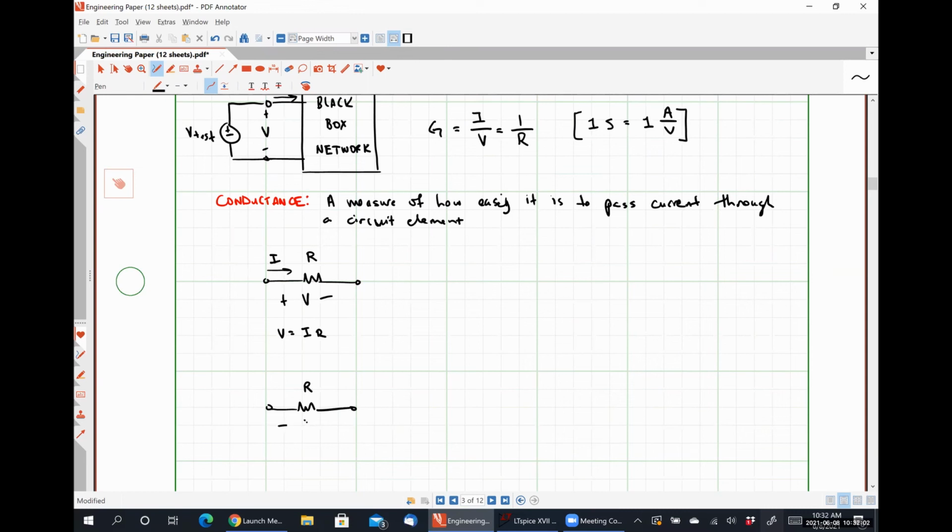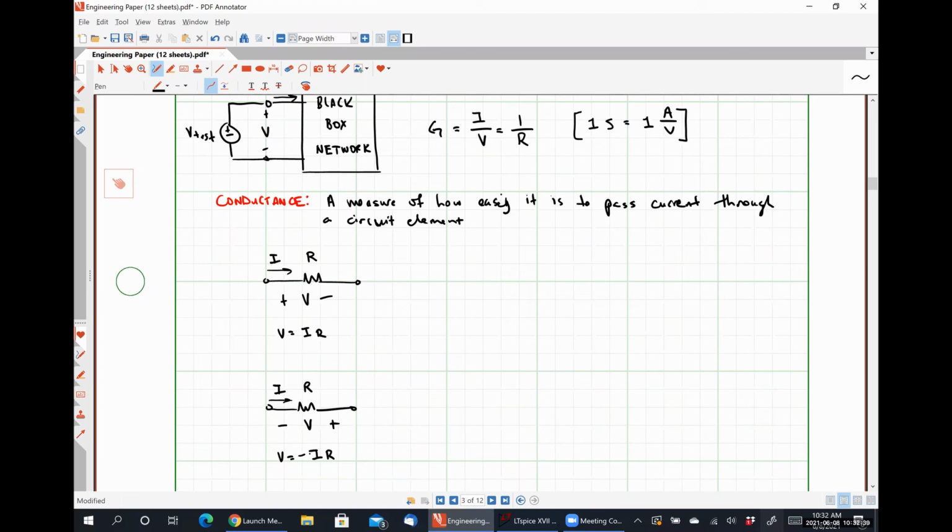and our voltage drop across our resistor has the opposite polarity, so negative polarity on the left, while the current I is flowing into the negative polarity terminal, the voltage drop across the resistor is negative I times R. And this is because, as I stated previously, a resistor can only absorb power.